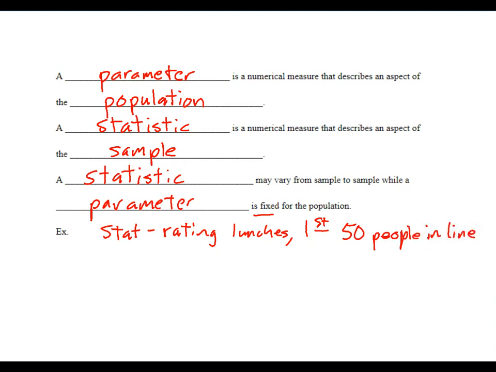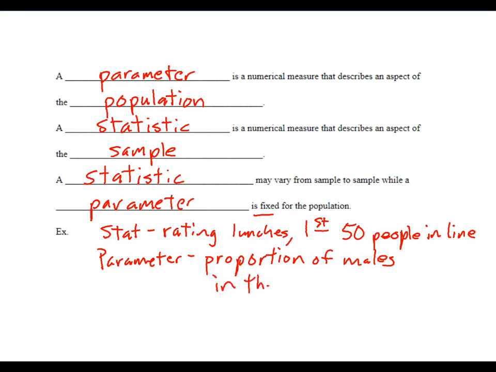They would give maybe a 1 through 5 rating, and then based on that, you could have a statistic that is describing students' lunch ratings. Whereas a parameter would be something like the proportion of males in the senior class.